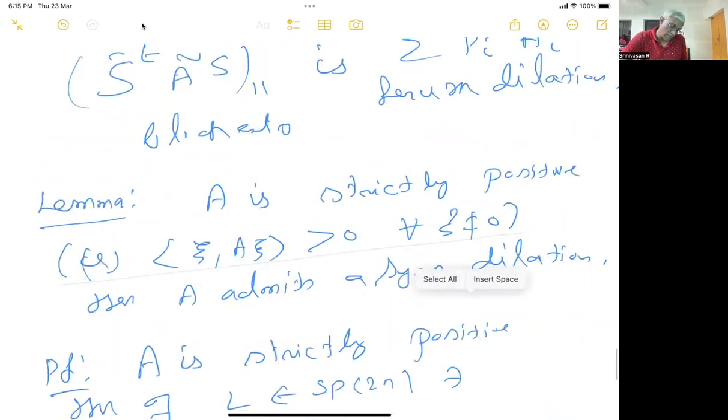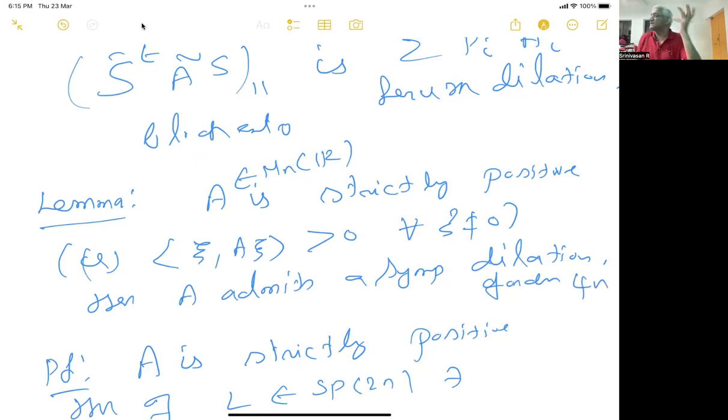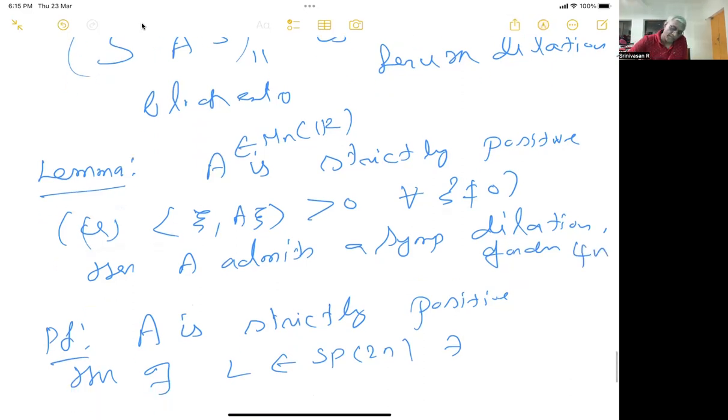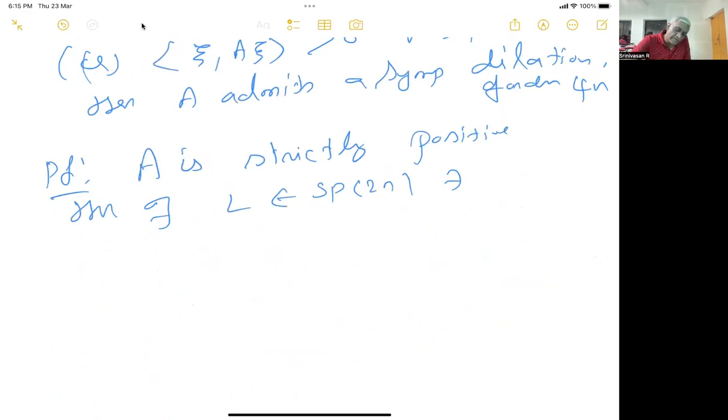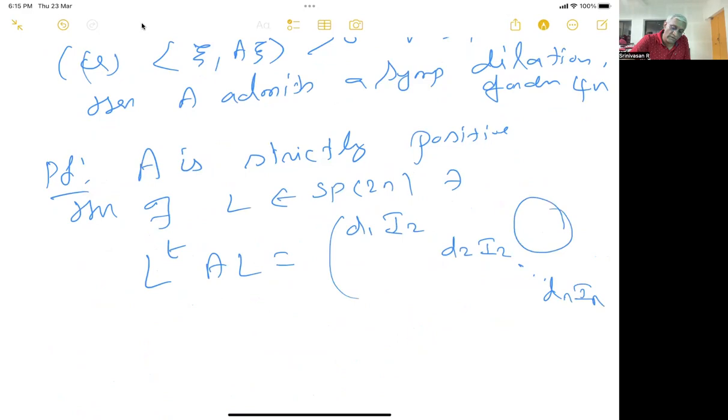I should write the order also. A is strictly positive, A is in Mn R. Then A admits a symplectic dilation of order 4n. Just the double. So there exists an L symplectic such that L transpose AL looks like D1 times I2, D2 times I2, and so on, Dn times I2, 0 elsewhere.